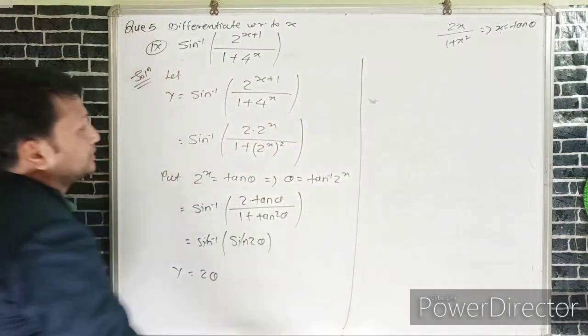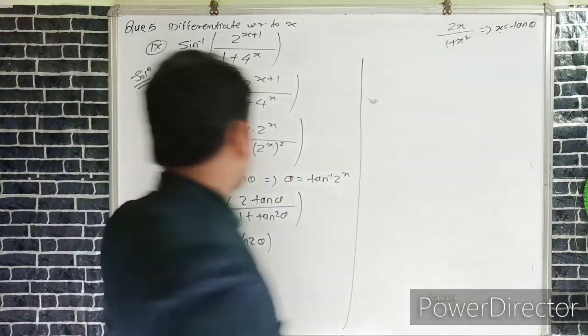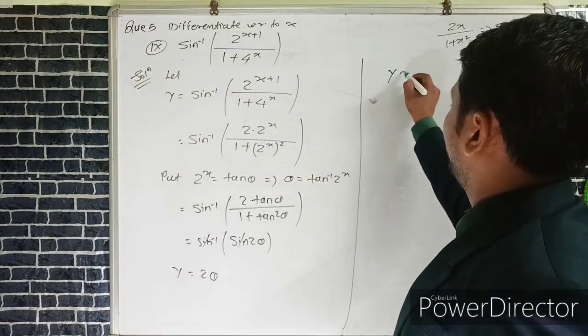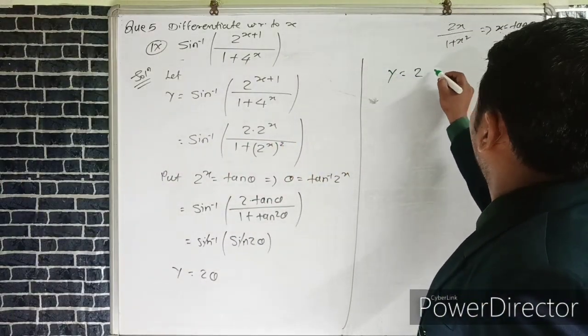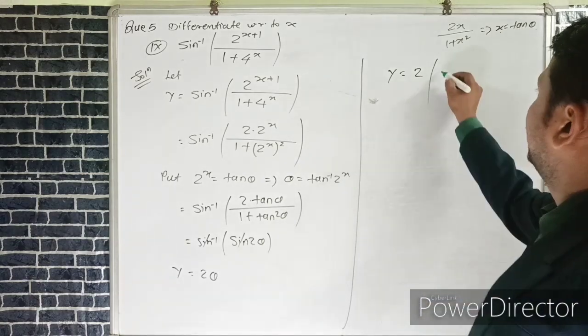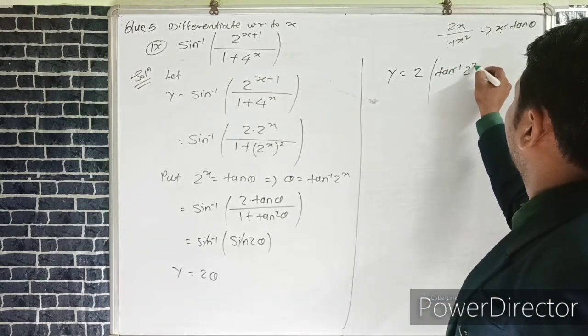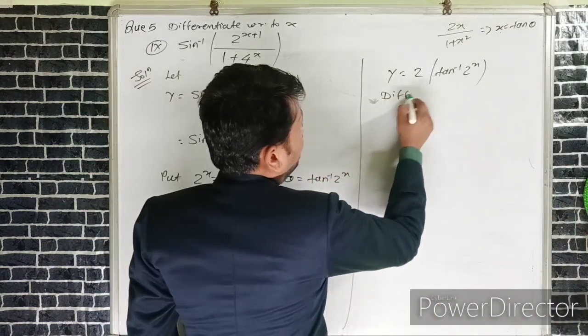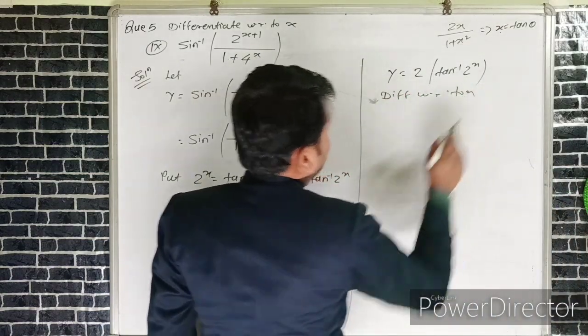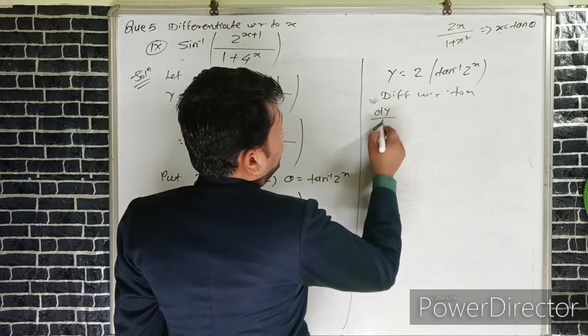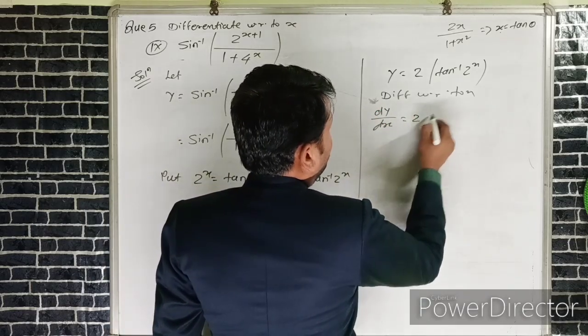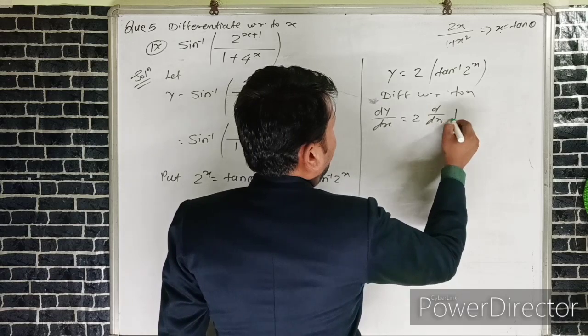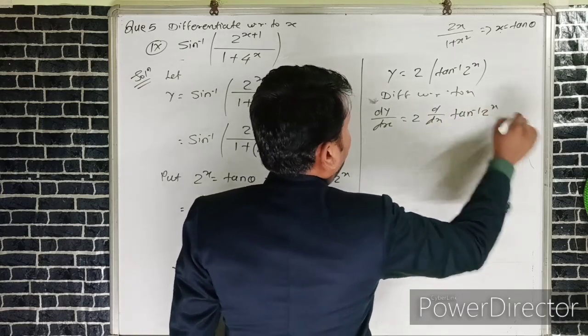If we replace theta with tan inverse of 2 raised to the power x, then the value of y is 2 into tan inverse of 2 raised to the power x. Now if we differentiate the given function with respect to x, the derivative of y is dy by dx. 2 is a constant and we take the derivative of tan inverse of 2 raised to the power x.